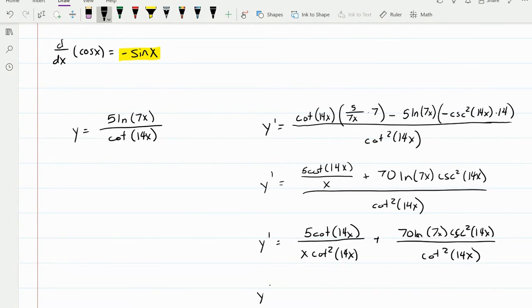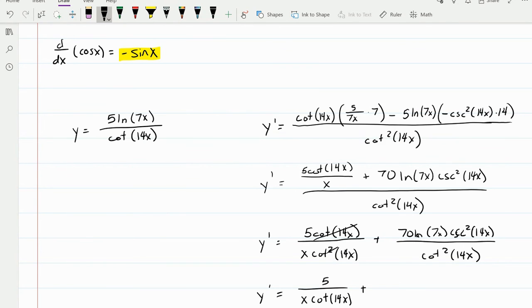So I've got one more easy step to simplify in my first term. Those cancel out, so my first term here is 5 over x cotangent 14x. The simplifying in my second term is a little bit trickier. It's hidden here. Notice that I have cosecant squared of 14x, and in my denominator I have cotangent squared of that same value.